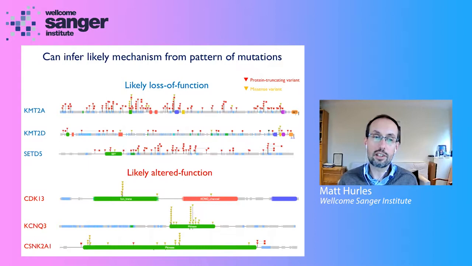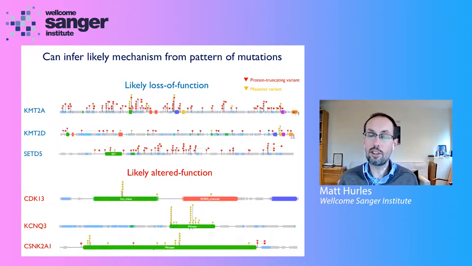Whereas the second class is where the majority of variants in these genes occur in only a very small fraction of the protein coding sequence of the gene, and they're almost all of the amino acid changing type. And so they're very clustered together. And what that suggests to us is firstly, if one wants to try and find new disorders, we have to look for these two distinct patterns in these mutations that are enriched in these families.